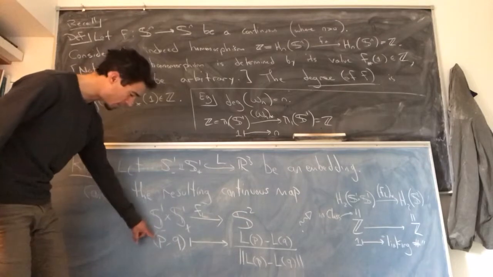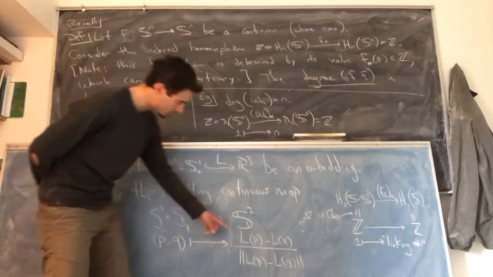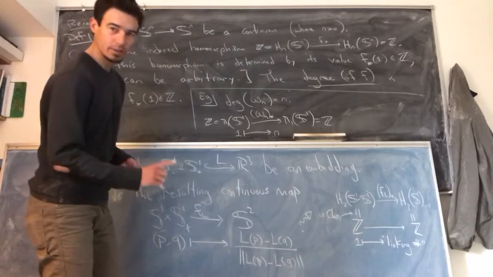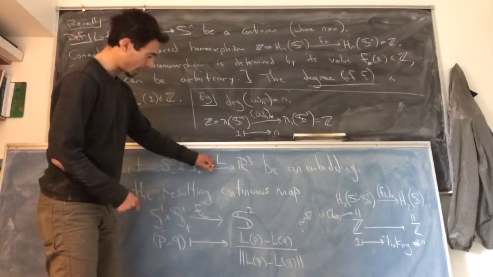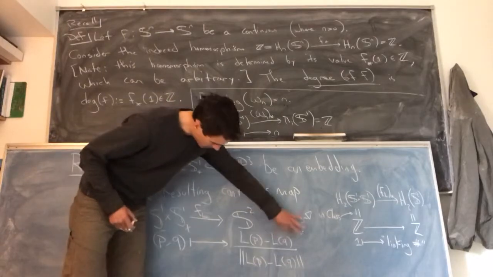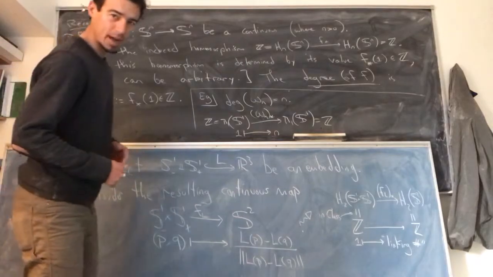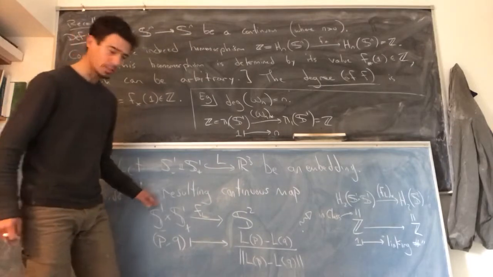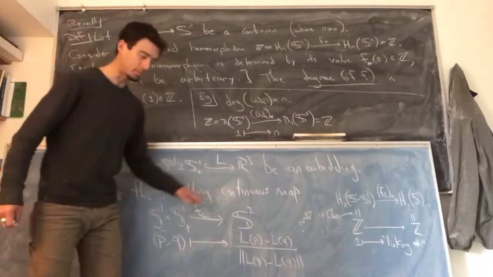The value on a pair of elements, one in each circle, P and Q, is the unit vector in R3 that starts at L of Q and goes to L of P. So that's this vector in R3, and then we normalize it to make it a unit vector, thereby giving an element of S2. So that defines a map from the torus to the two-sphere. Every link determines a map from a torus to a two-sphere.